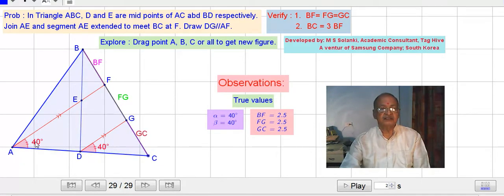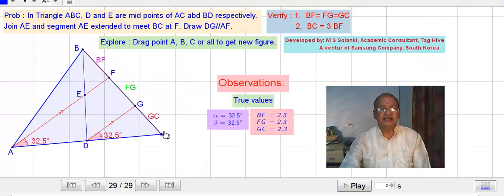Say at this stage, these values are 40 degree and this is also 40, means these two line segments are parallel. Okay, and BF is 2.5, FG is 2.5, GC is 2.5. You can make an observation table and note down all these 5 parameters' values in your observation table, and then at the end we can calculate.